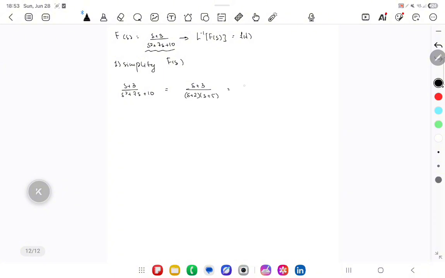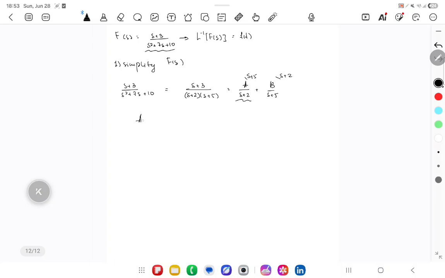And as we know, this is true, right? If we multiply the numerator and denominator of this partial fraction by s plus 5 and this one by s plus 2, then we'll get essentially the same thing. Our goal right now is to identify what A is and what B is.